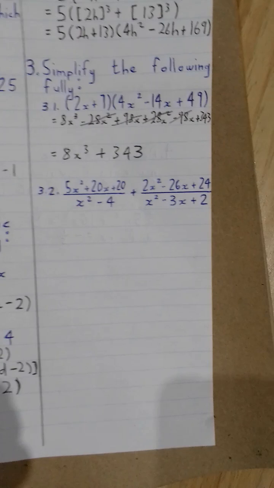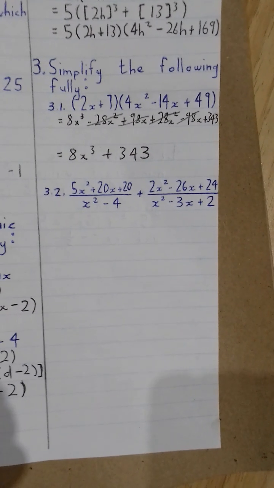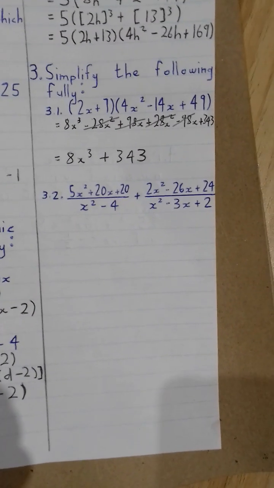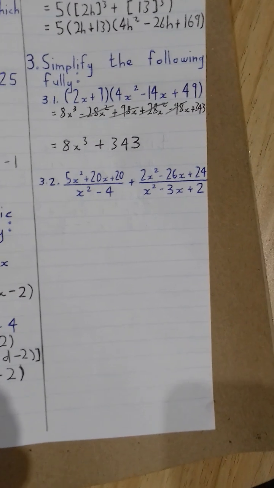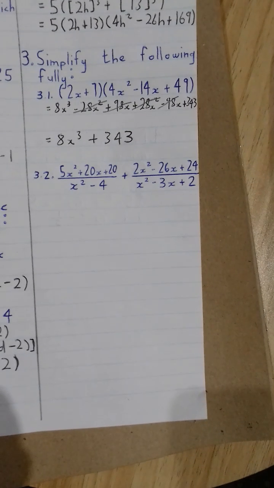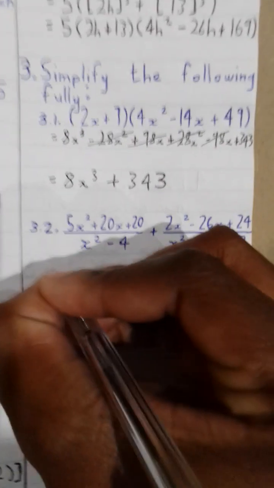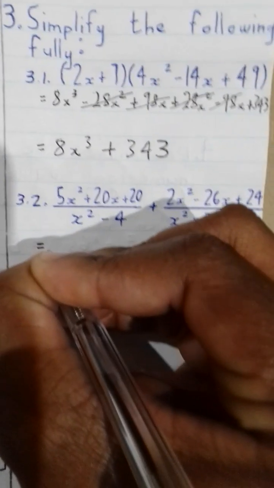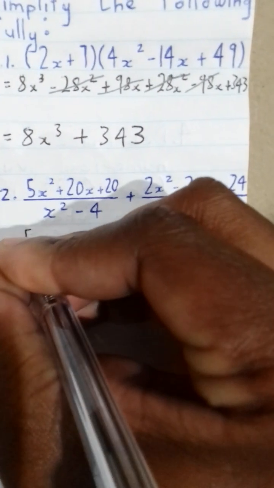3.2: 5x squared plus 20x plus 20 over x squared minus 4, plus 2x squared minus 26x plus 24 over x squared minus 3x plus 2. So in the numerator, the common factor is 5. 5x squared divided by 5 is x squared, 20x divided by 5 is 4x, 20 divided by 5 is 4, over x squared minus 4.